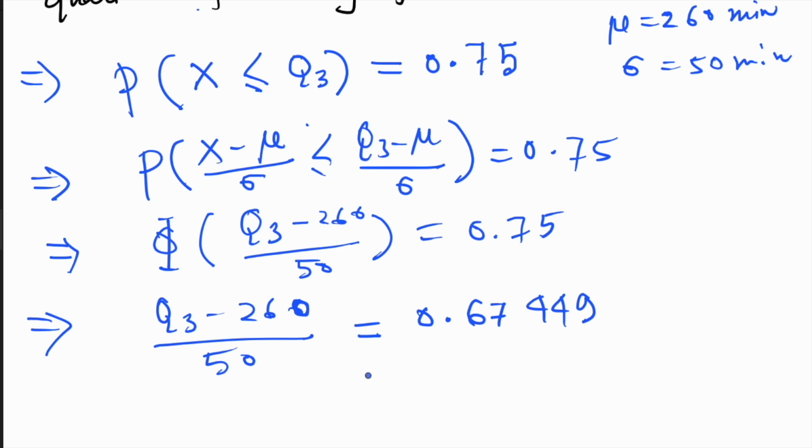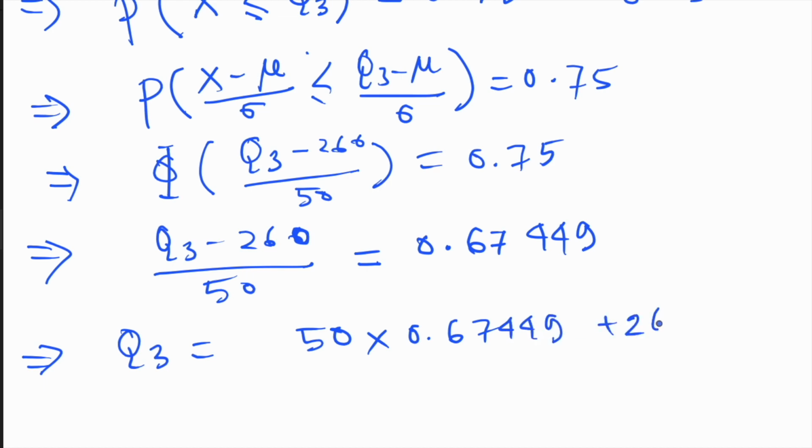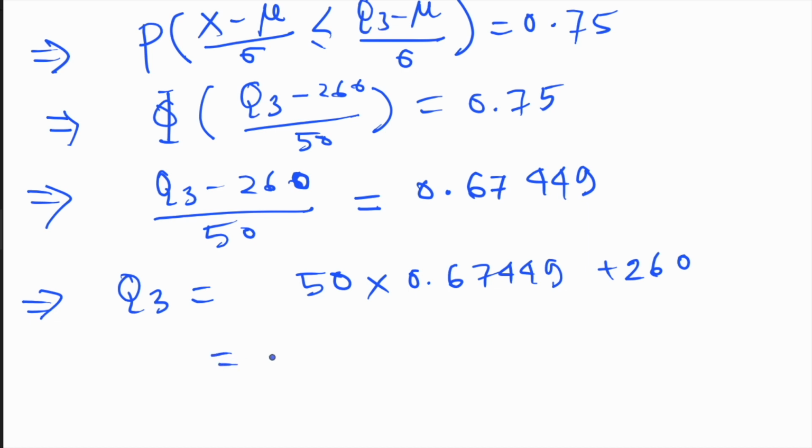So that means this is equal to this. From here we can calculate Q3 as 50 into 0.67449 plus 260, which is 293.7245.